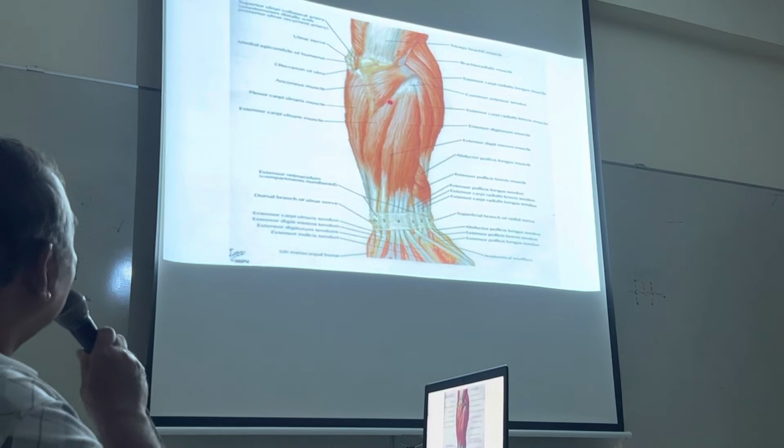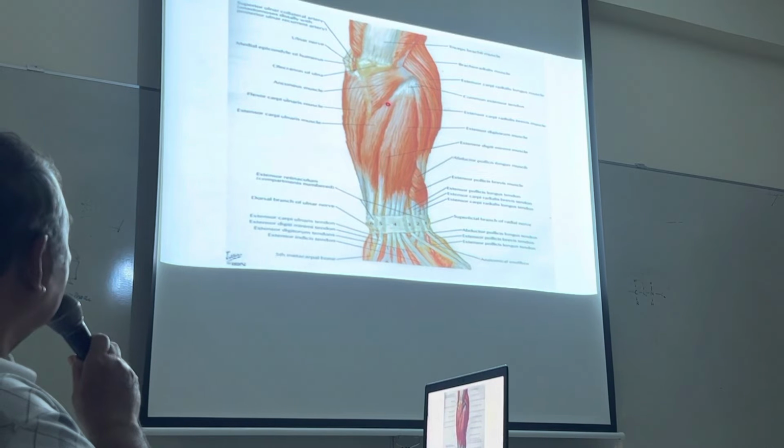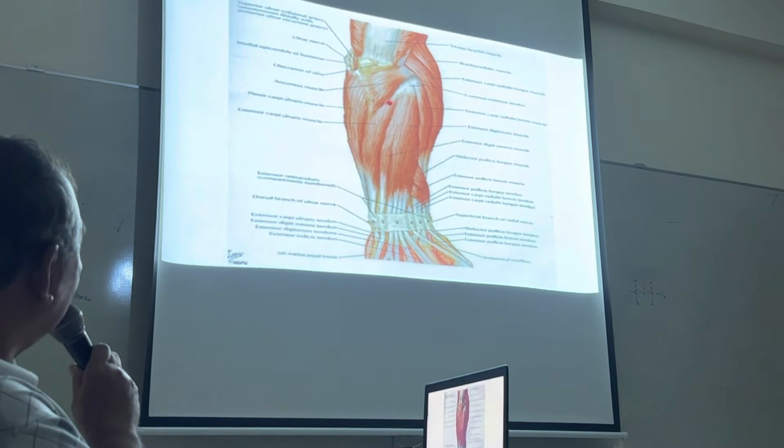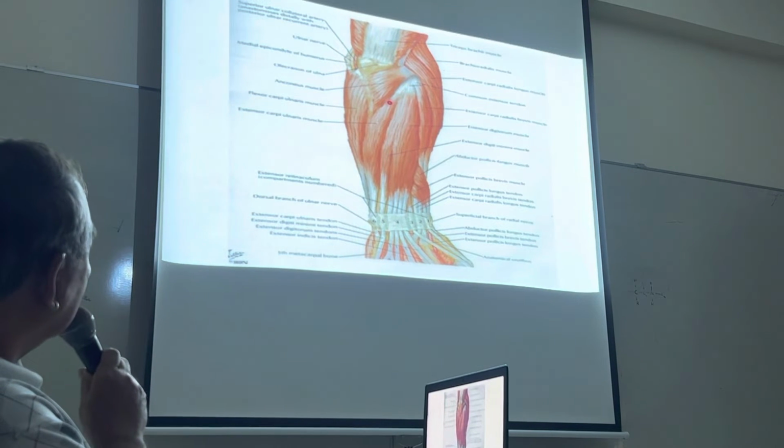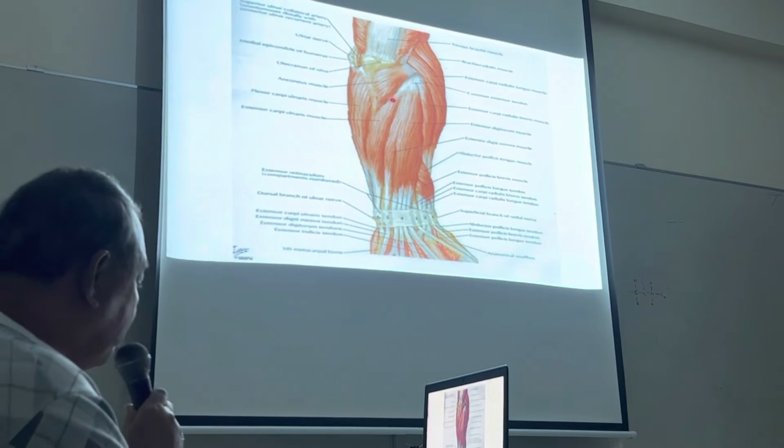And then you also have the anconeus muscle. So these are the superficial group of muscles. Now the deep group.